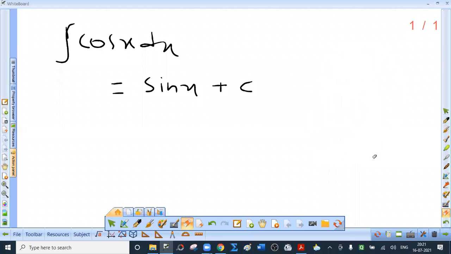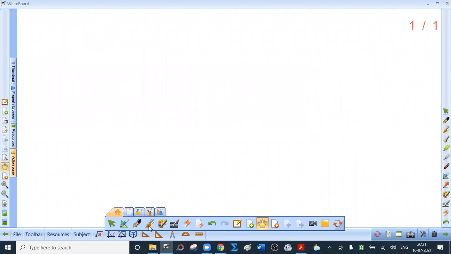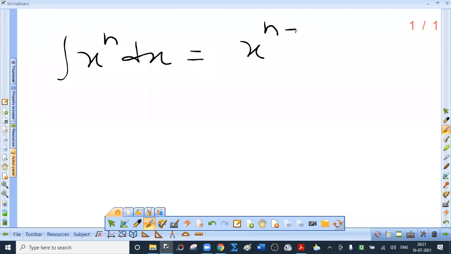So when I ask you to find the integral of some function, you should first find the function whose derivative is that. Suppose I ask you to find the integral of x raised to n. For that, you should know the function whose derivative is this. Note that that function is x raised to n plus 1 upon n plus 1.